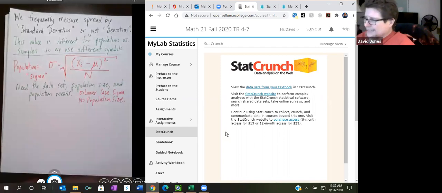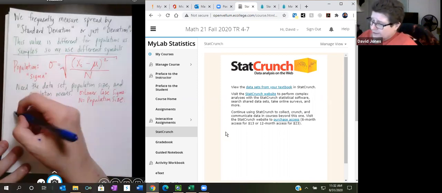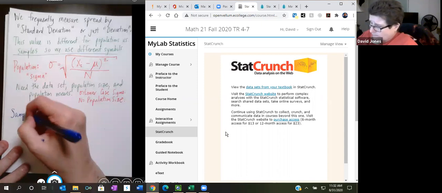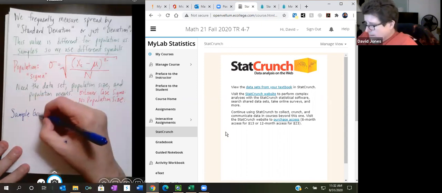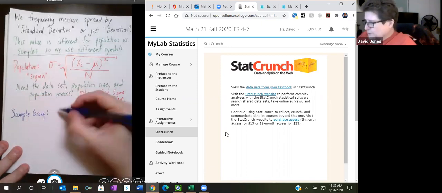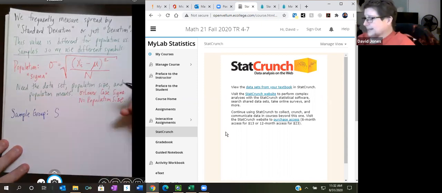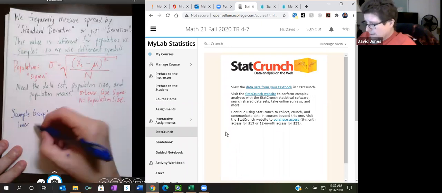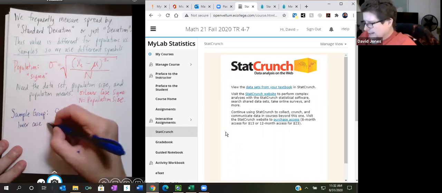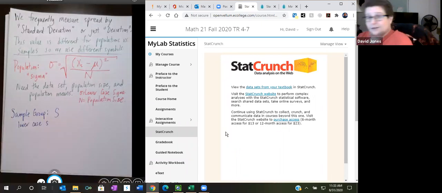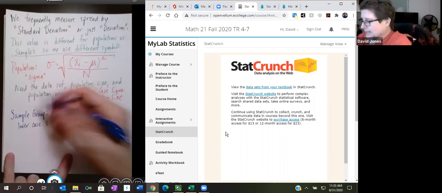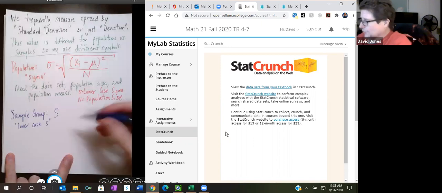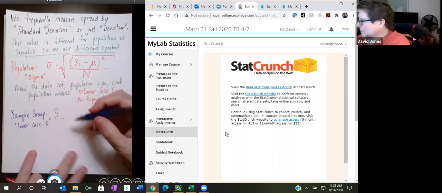If we look at a sample, for a sample group, we use S, lowercase s. I don't think I made it look lowercase when I was writing it right there. Rather than scratching this whole page and starting over, let's just pretend that was lowercase. Lowercase s, it's very similar in format.